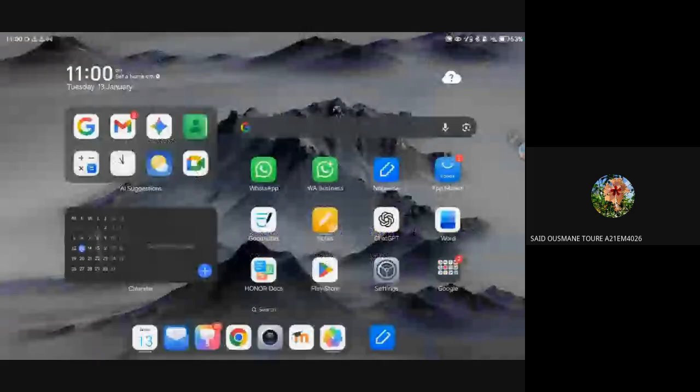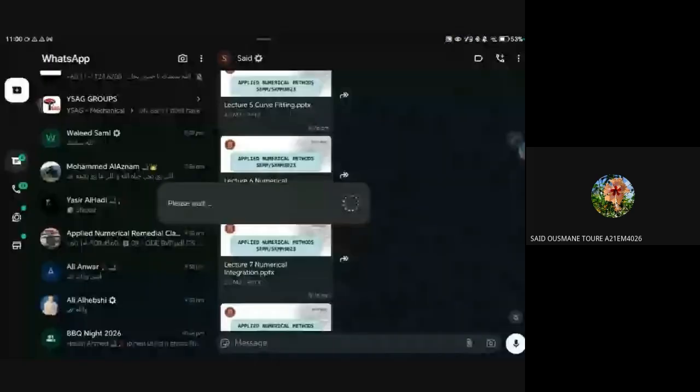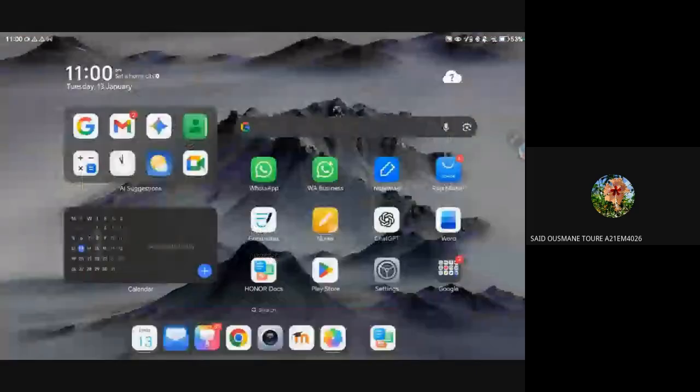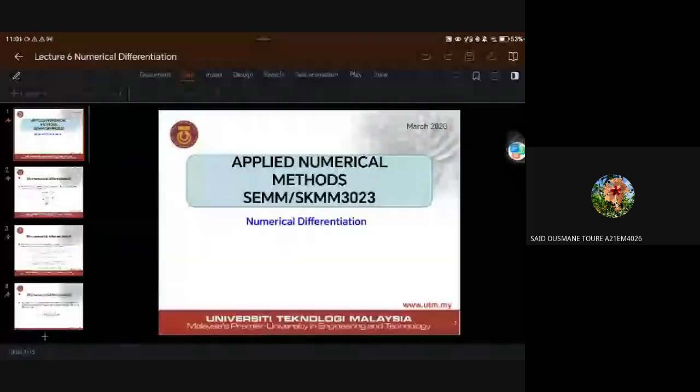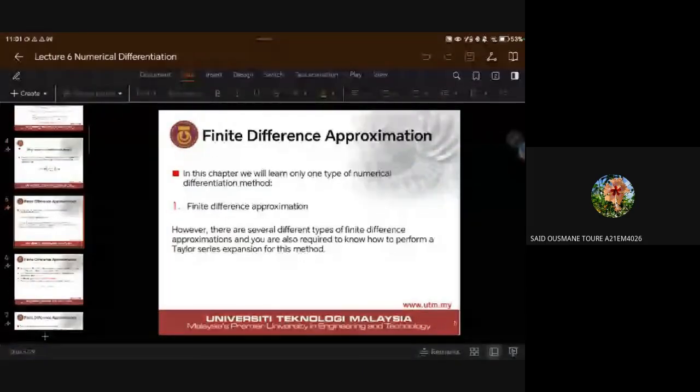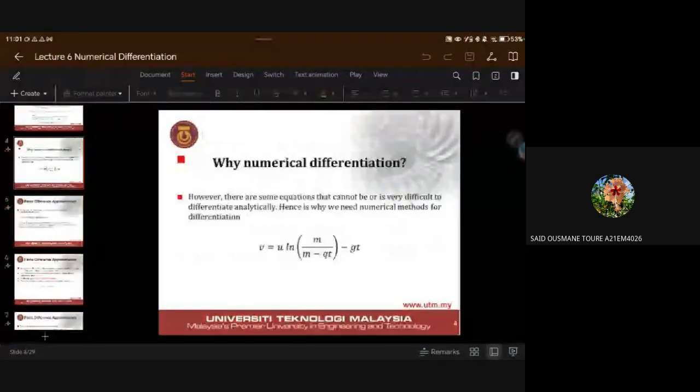Let me just open briefly the slides for differentiation. This one. So you have these, I believe 2. Oh no, yes, you only have 1.